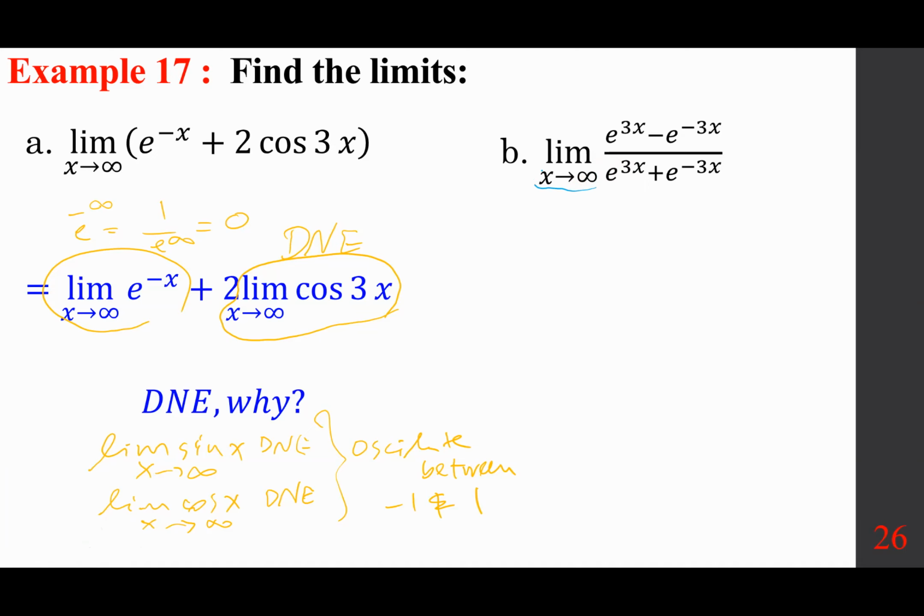because this is approaching infinity, we divide by the highest value term or piece in the denominator, which is e to the power of 3x. So let's divide everything by e to the power of 3x.